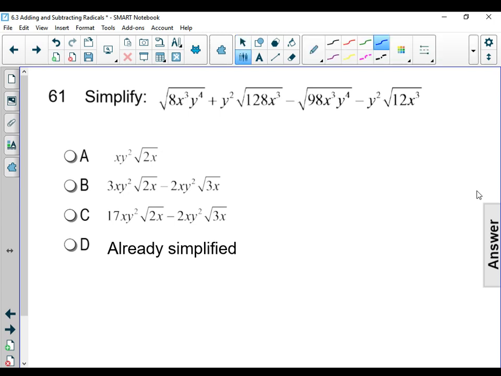So one step at a time. We know 8 is 2 root 2. If I have 3 x's, I have one pair of x's that can come out and one that has to stay in. Y to the 4th, I have 2 pairs. Then from there, I break down 128.